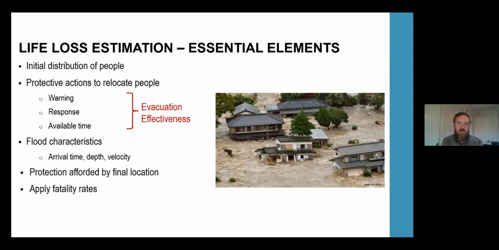Are they caught in a structure? Are they out, as a pedestrian in the flood by themselves, or are they in a vehicle possibly? Each of those situations has different results. And then we apply the fatality rate based on the situation that someone is found in, or, as I mentioned, for a more simplified model that could be applied to larger populations at risk.